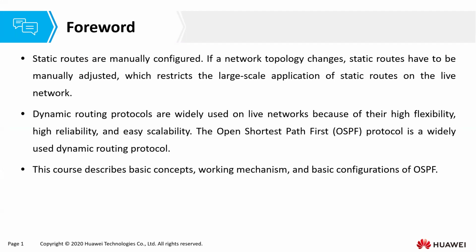But for larger networks, they're not very easy to scale. If you have a large network, you have a large number of routes, it's very difficult to configure a large number of routes statically. So in terms of scalability, that's an issue. They are not that flexible.